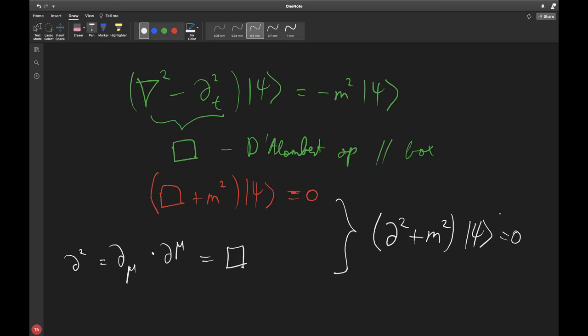This was actually one of the first tries of Schrödinger, but then he realized that there are some issues with this, so he wasn't very happy. With this, we end up having the probabilities of the particle moving with negative probability. So that was something which Schrödinger didn't like.